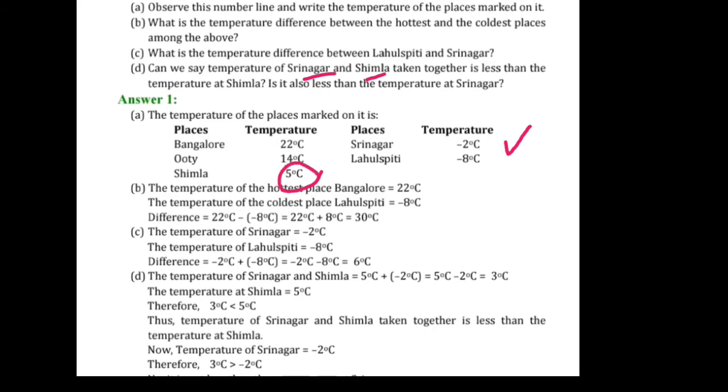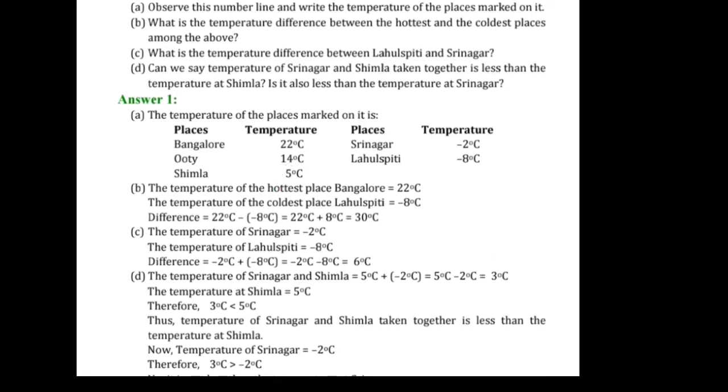So the addition of the two cities' temperatures is 5 degrees Celsius plus (minus 2) degrees Celsius. So 5 degrees minus 2 degrees, that means 3 degrees Celsius.